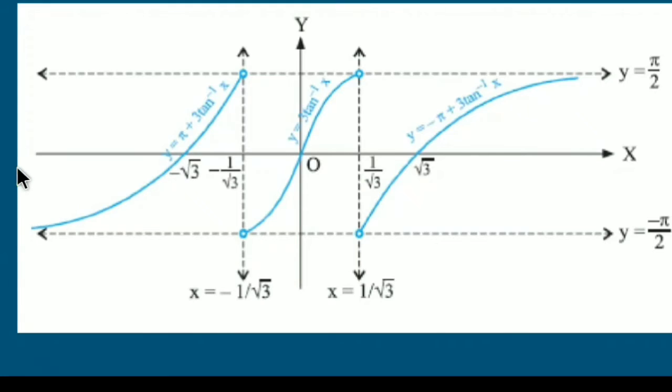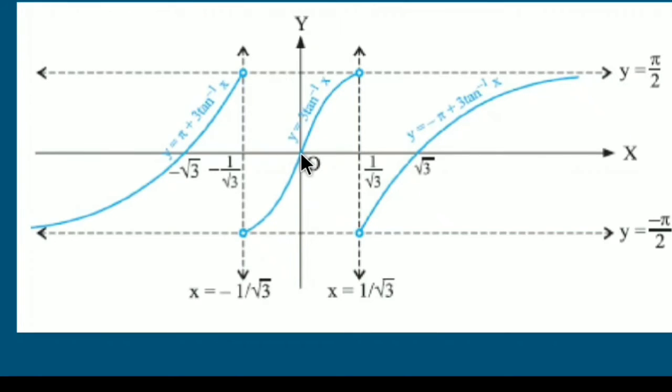For every real number, the function has an increasing nature. From minus infinity to minus 1 by root 3, the function has concavity upward, and from minus 1 by root 3 to 0, concavity is upward, and here concavity is downward. At x equal to 0, there is a change in concavity.